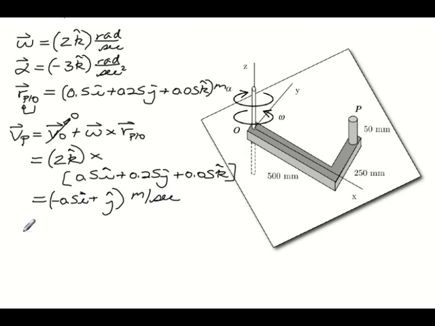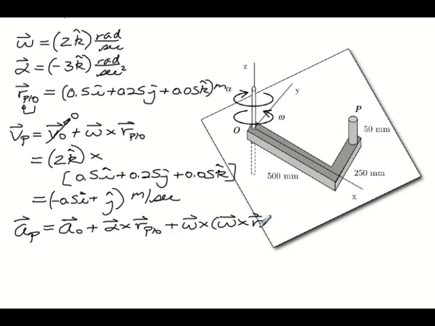The acceleration equation will also be referenced back to point O. So AP is equal to AO plus alpha crossed RP with respect to O plus omega cross omega cross RP with respect to O. O is on the axis of rotation, so AO is a 0. Alpha we saw is a minus 3k.